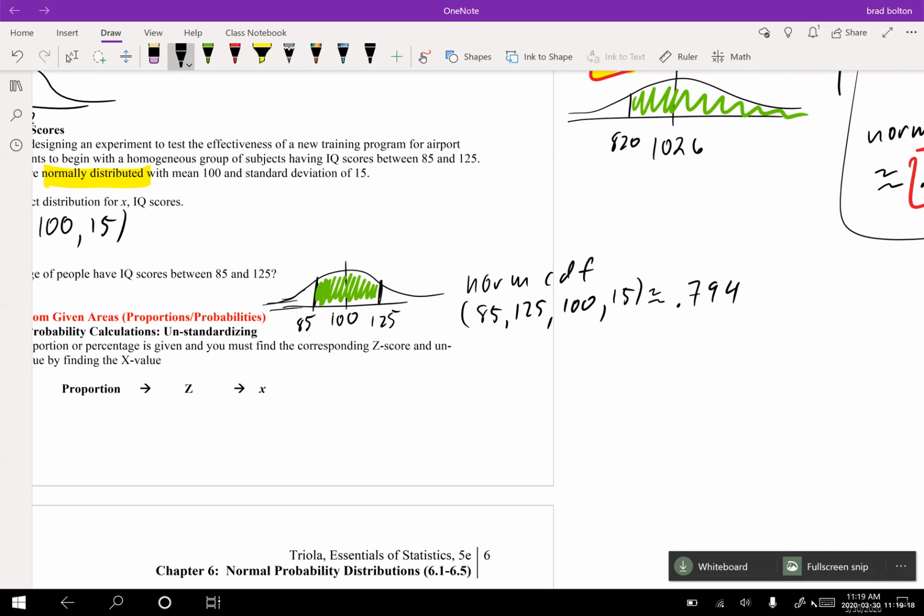My notes don't have it to 4 decimal places, so I'll do it. I got 0.79355, so 0.7936.